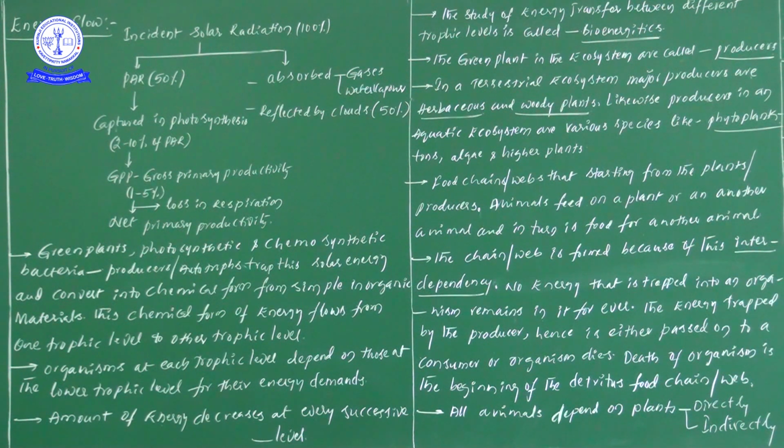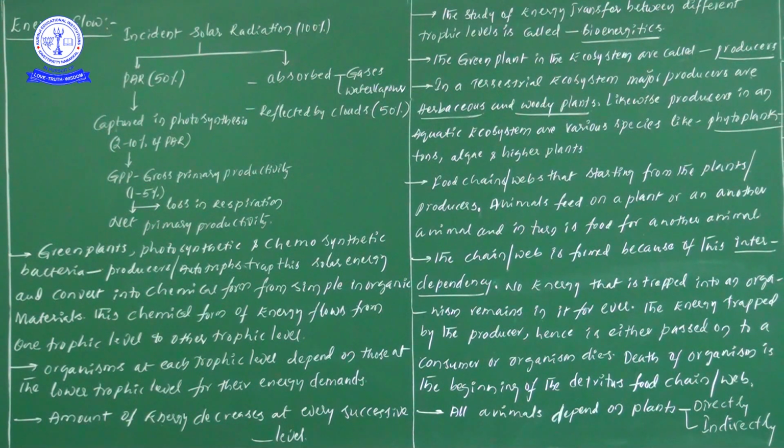So one important, interesting point I have written on the board: the food chain or food web is formed because of interdependency. Because of this interdependency, each and every organism must depend on another organism for its energy demands. Did you understand? Why?